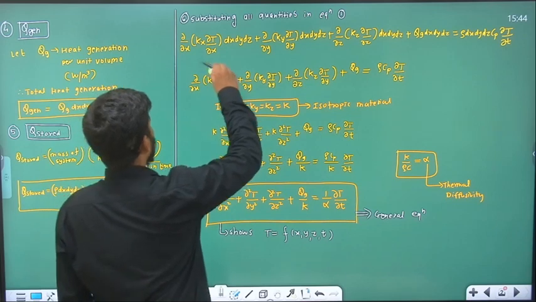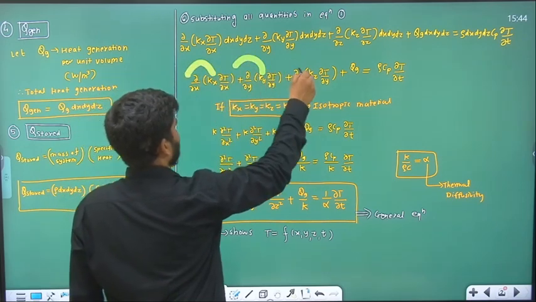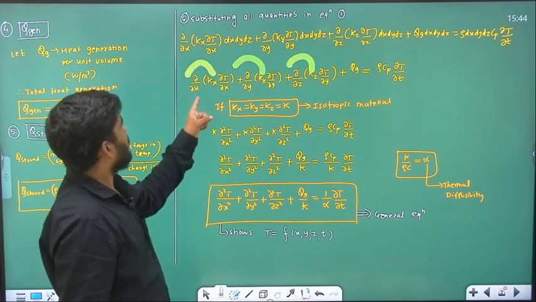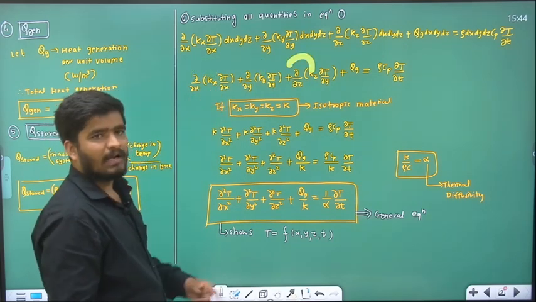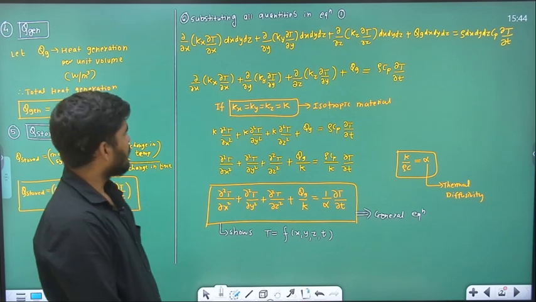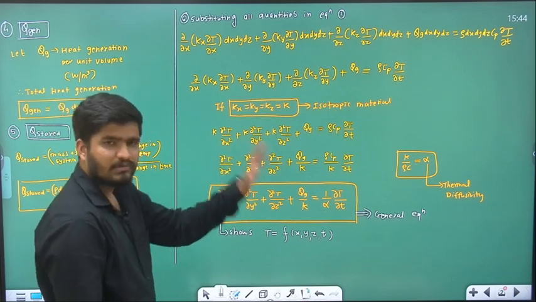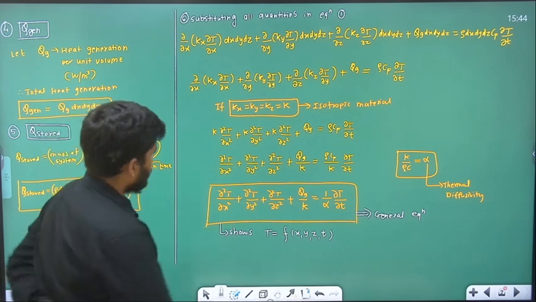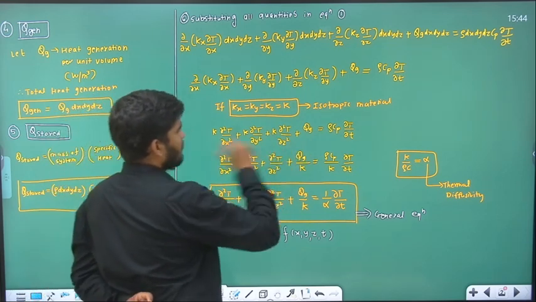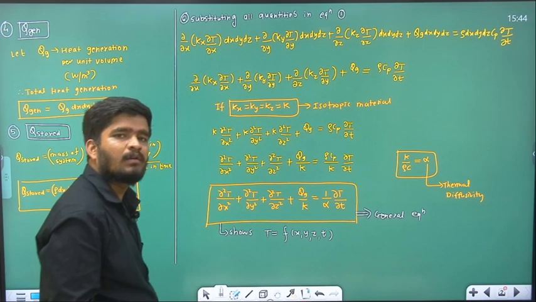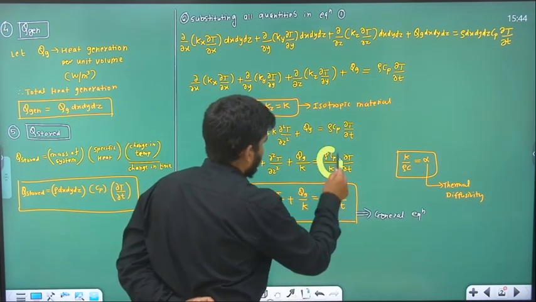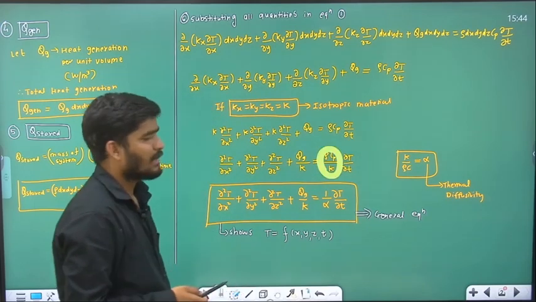See, this will shift outside of the differentiation, correct? So ∂/∂x of ∂T/∂x will become ∂²T/∂x², similarly for y and z. After that I have divided throughout by k. So I'll have one term, that is rho Cp by k.